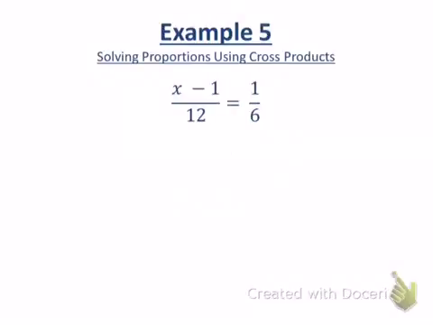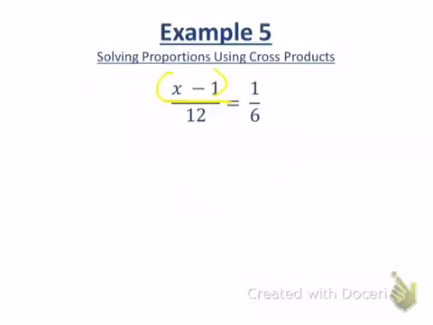And one thing you have to remember when you're solving ratios, or proportions rather, is that a fraction bar is a type of grouping symbol, right? So this fraction bar right here groups this as one thing, x minus 1 in parentheses. So when we cross multiply, what do we have to do with the 6?